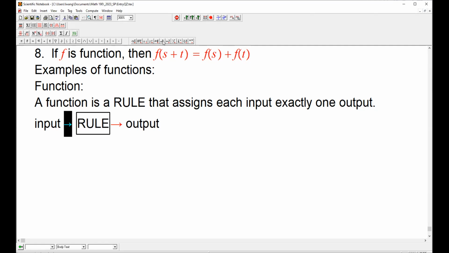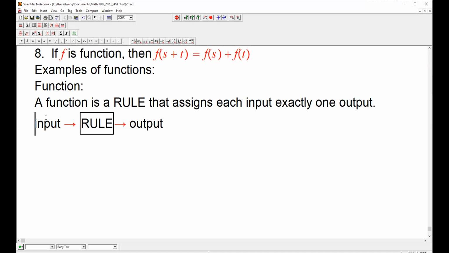Let me change to a nicer looking arrow. The rule is the function, but this rule called function is not just any rule. This rule has to produce exactly one output for each input. So input has a category of itself, and output has another category. You can imagine there are multiple inputs and there might be multiple outputs.